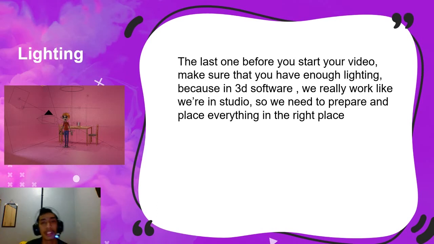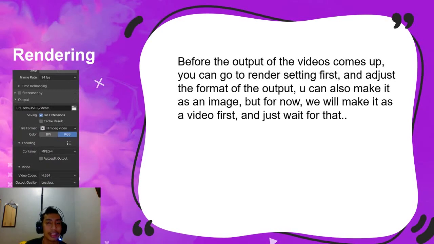So you have to take care of simple aspects like the point of interest from the light, where the light must be placed, and how many lights you will add in your videos actually.